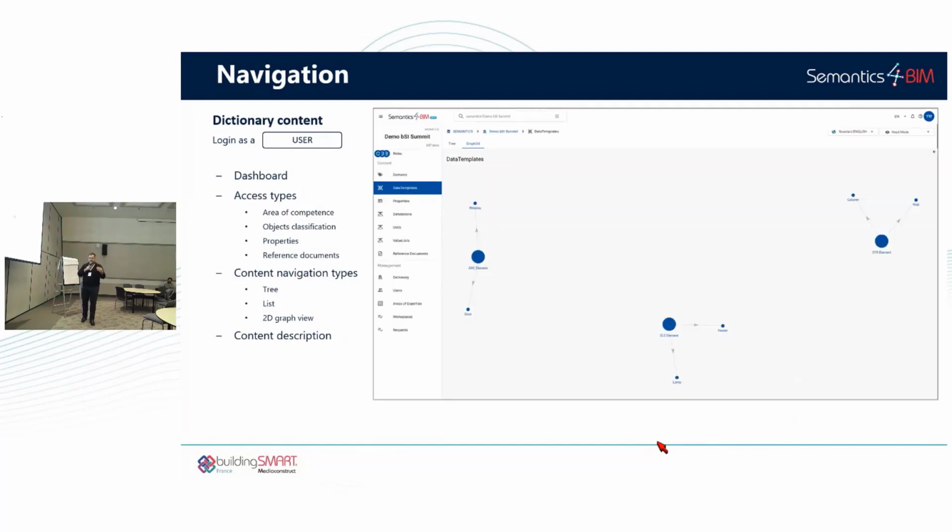We have something very important to me. It is a graph viewer, because as a user, I have the experience that this kind of viewer, to see the relations between the entities, the properties, the objects in the dictionary, is very useful to explain to other users how the dictionary works, what is actually a relation between two entities, and it is quite a fun way to see that and to develop the content of the dictionary.